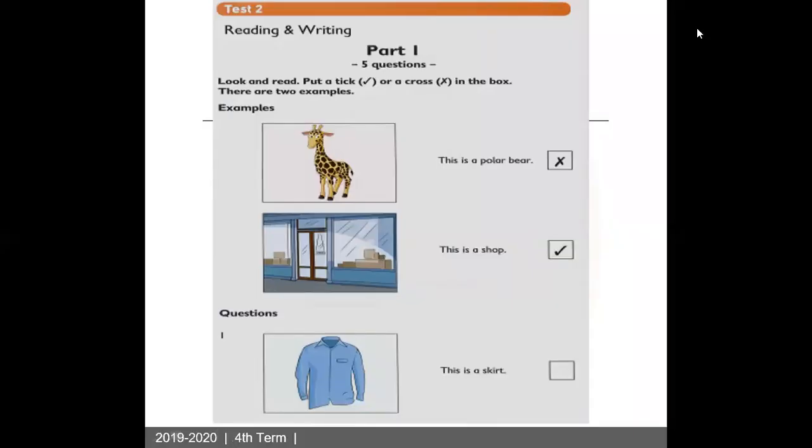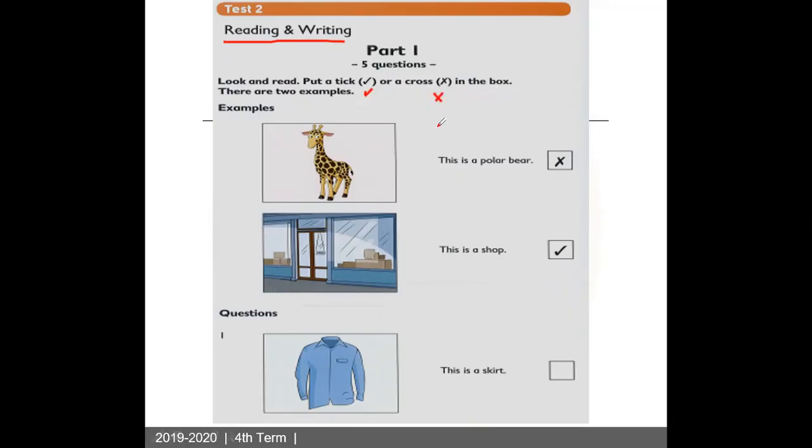We have our part one once again. It says here, reading and writing, part one. We have 5 questions. Look and read. It says put a tick or a cross in the box.